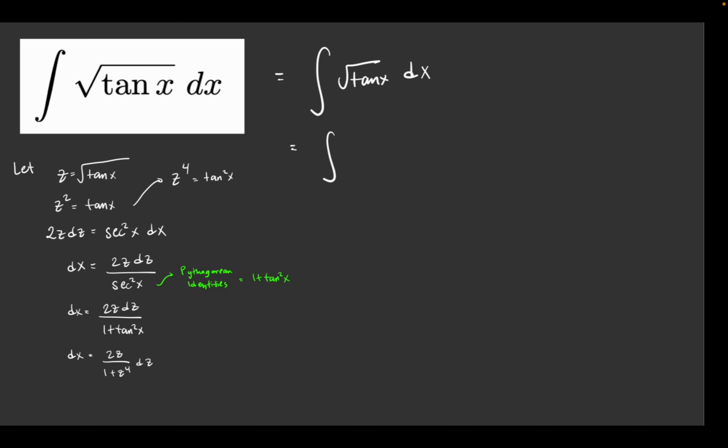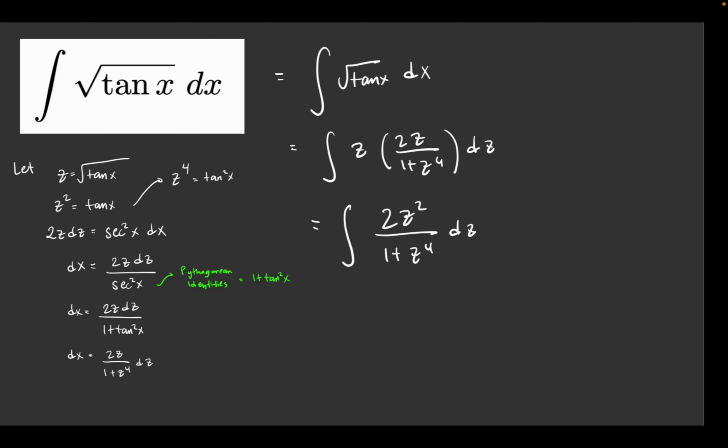So this becomes z, kasi ang square root of tangent of x natin is z. And then ang dx natin ay from here, 2z over 1 plus z raised to 4 dz. So what do I get? So I get 2z squared over 1 plus z raised to 4 dz.